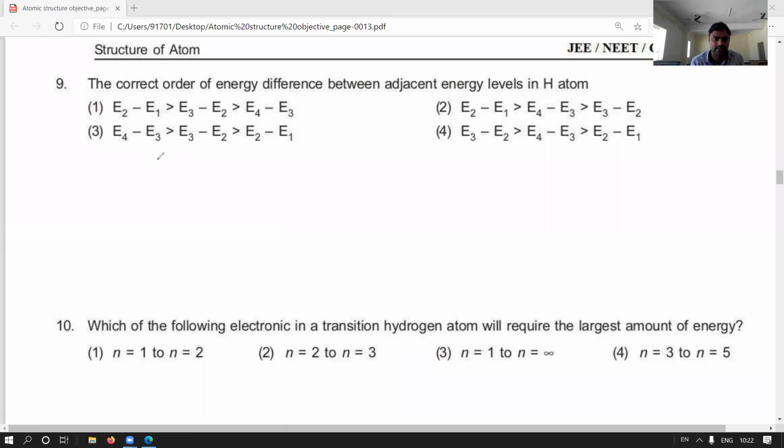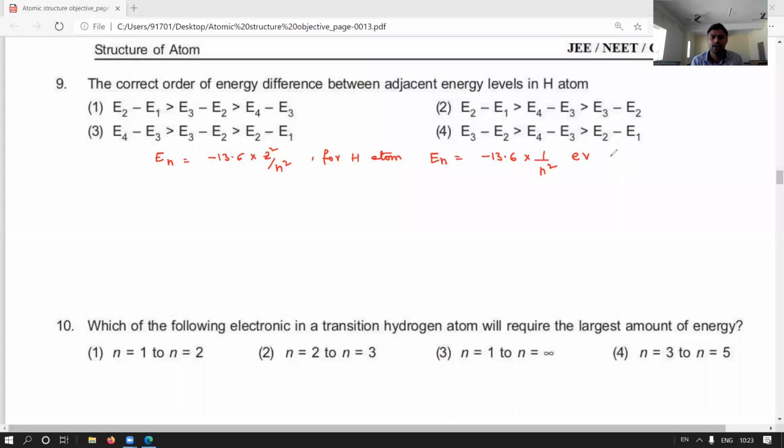We know that the energy En in electron volts is minus 13.6 into Z square by N square. So for hydrogen atom, En is equal to minus 13.6 into 1 by N square electron volts.